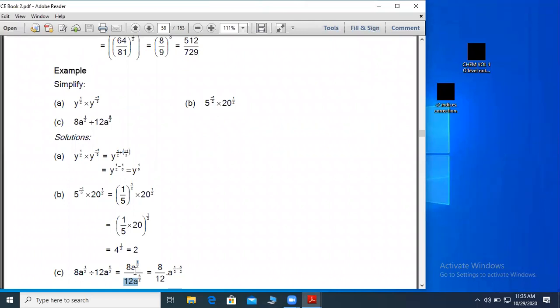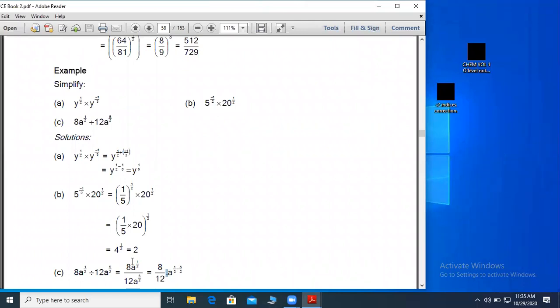Now I can simplify by collecting like terms, those with a together and those without a together. So the dot here means multiplication. It is not a decimal point, yeah? The dot means multiplication. It becomes 8 over 12 times.